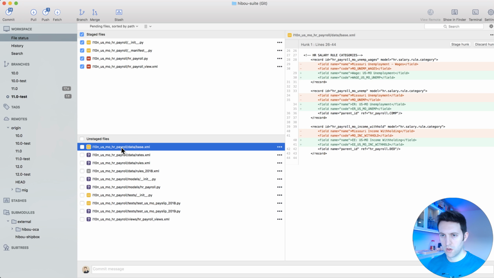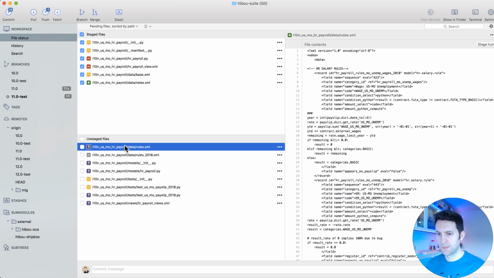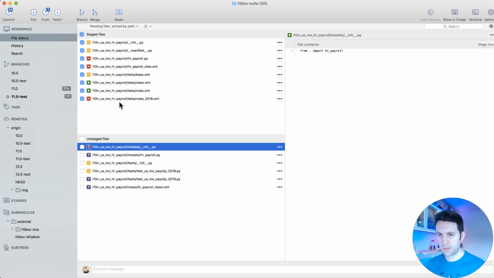I just moved them. It'll figure it out though. Wage. Okay. Surprised it's not a rename. I guess because of all the work we've done. Doesn't really matter.